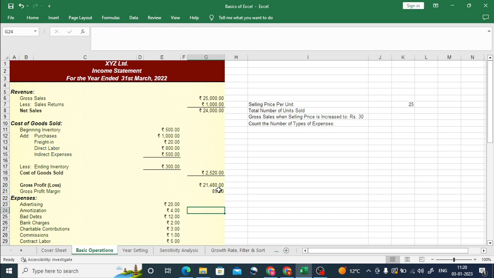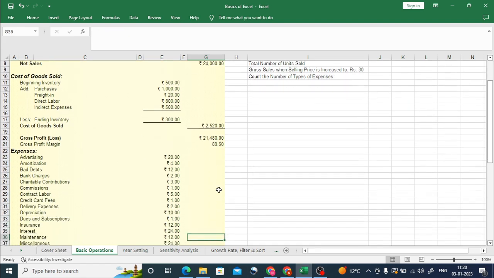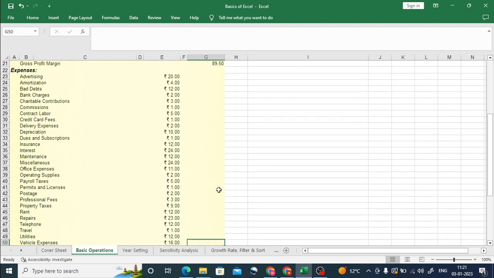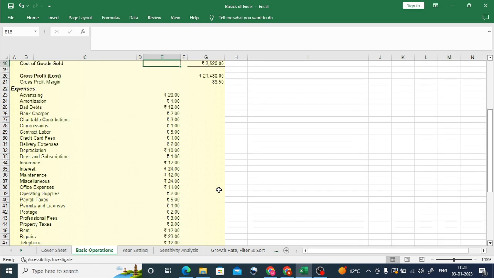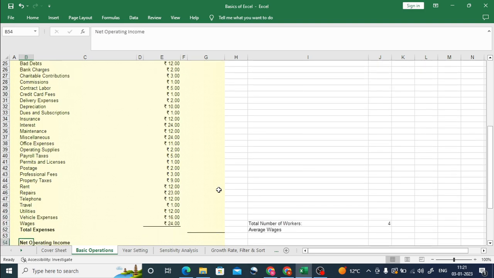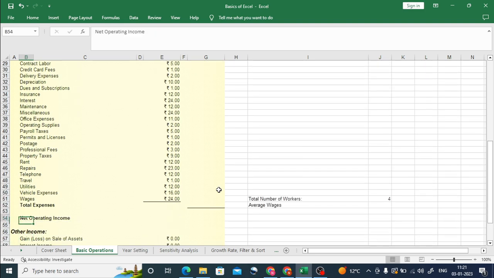Moving on, next we have to calculate the total expenses. To calculate the total expenses, we have to add all these various expenses that are there. Let's say we have advertising, we have amortization, we have bad debts, these being all the expenses. So we have to calculate the total.